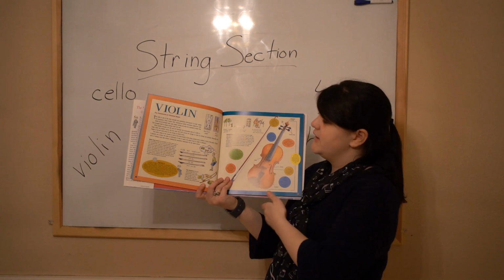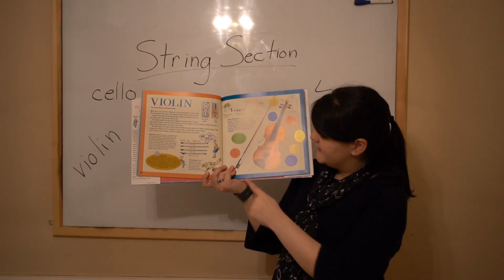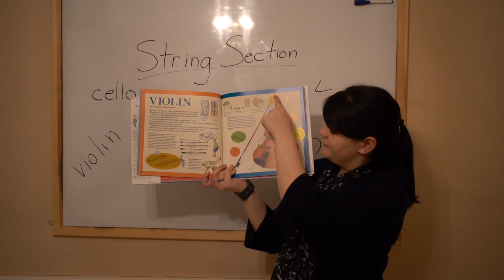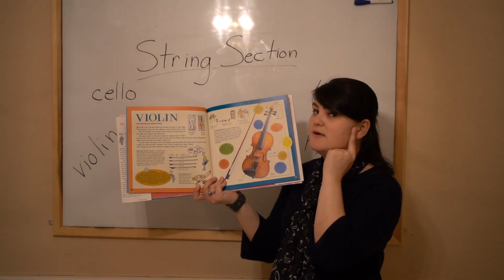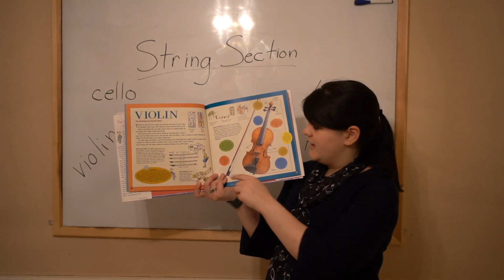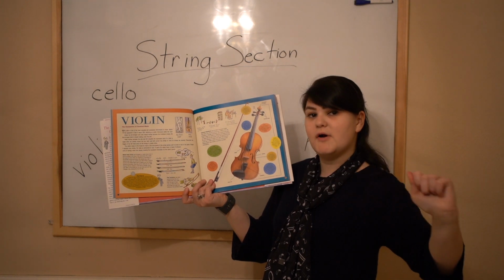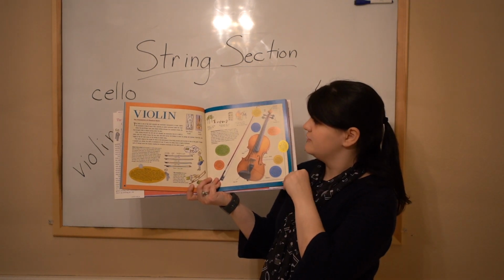So we heard about the violin. This is the violin. This part right next to it, this part of the instrument is called the bow. You may have remembered that I said bow earlier. This gets pulled across the strings to make its sound.